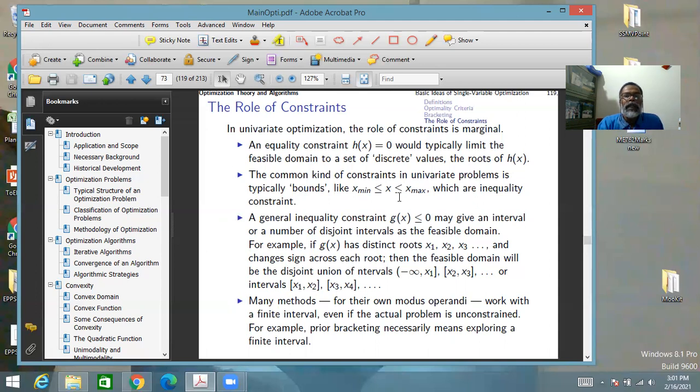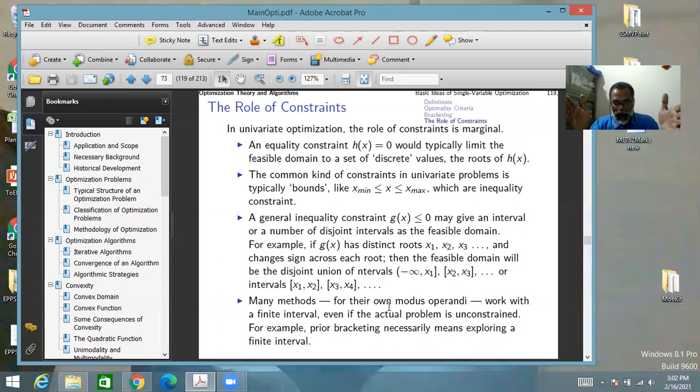Okay. Now, this is something very simple, first of all, and many methods for their own way of operation work with a finite interval. That is like exploring a finite interval, which is the region of our interest. We are not eager to find a solution somewhere.